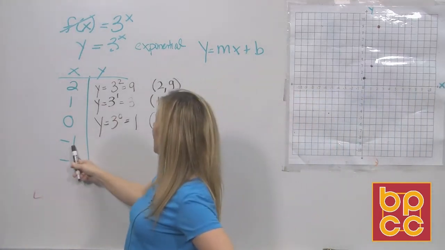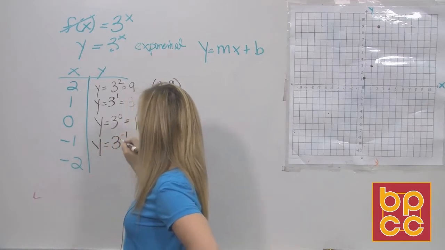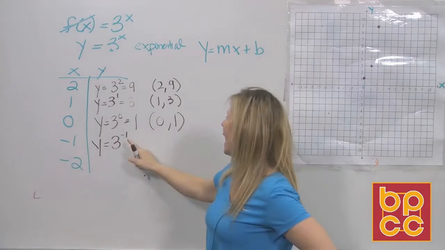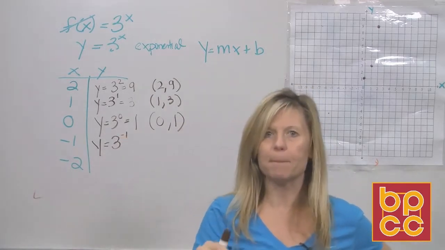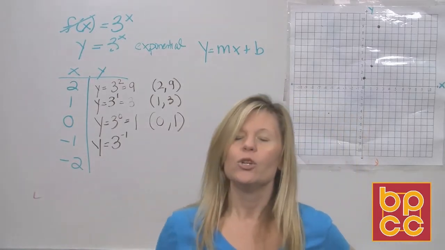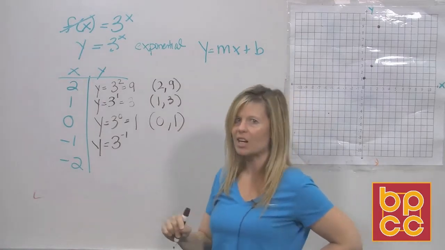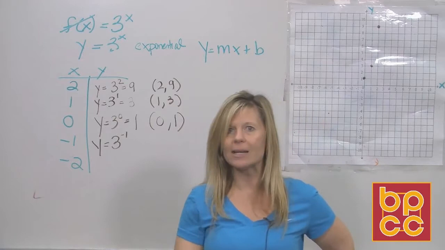So now let's put in -1. So we're going to get y equals 3 to the -1. We've already discussed this semester. In algebra, we do not work with negative exponents. They make no sense. So we learned a trick. You can always change a negative exponent into a positive exponent by doing the reciprocal of the base.